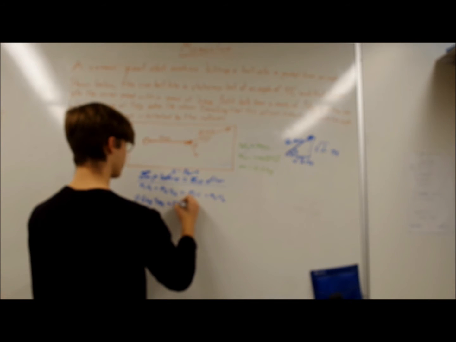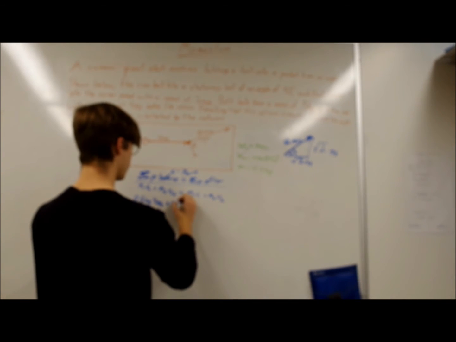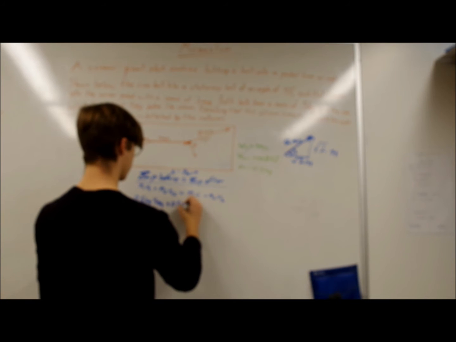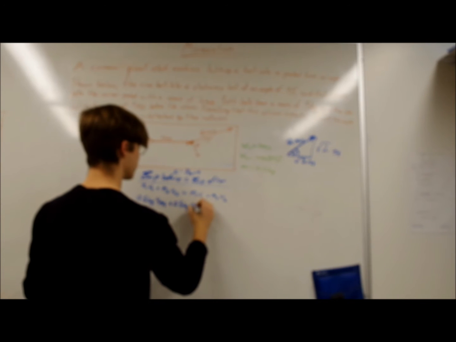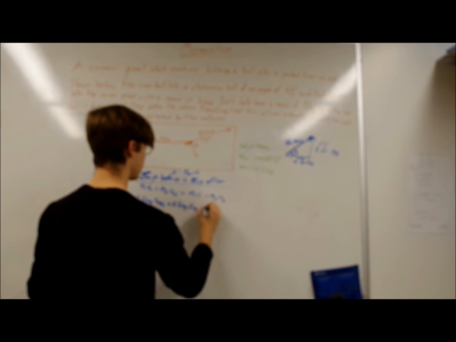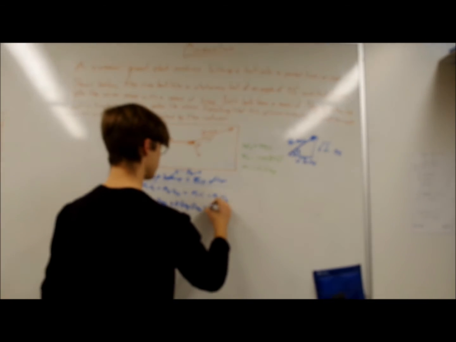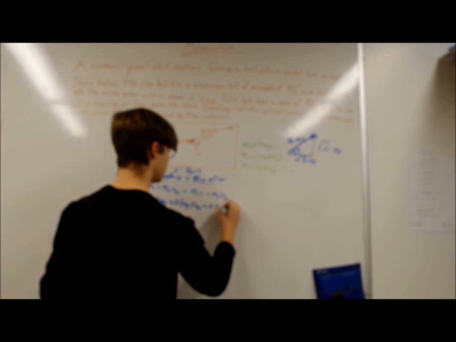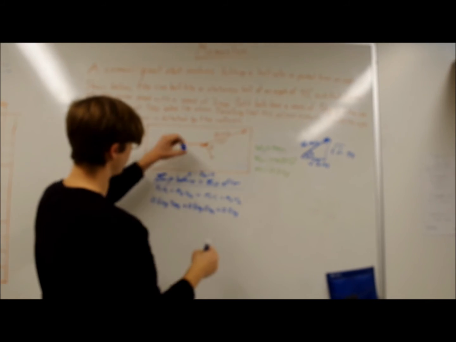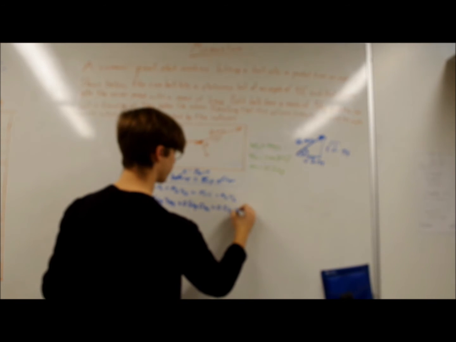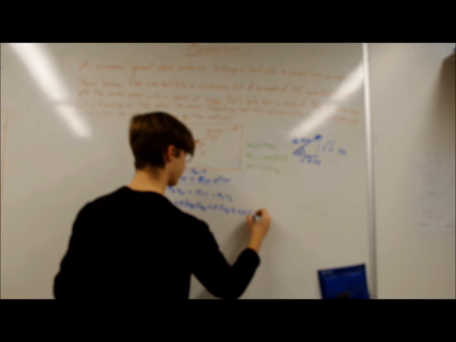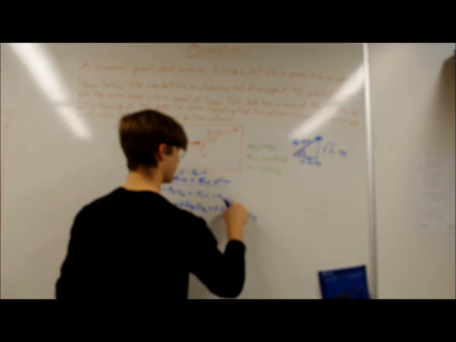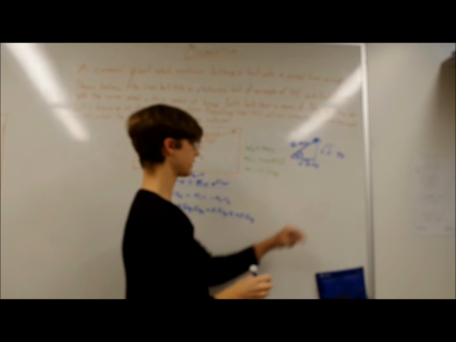Plus, the mass of the other ball is also half a kilogram. And its velocity, well, it is stationary, so it is 0. And this will equal the mass of the first one, the same as before, times the velocity we don't know, plus the mass of the second one, the same as before, times the velocity we just calculated.